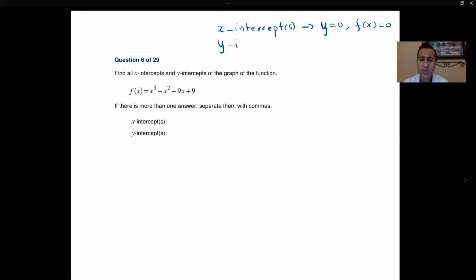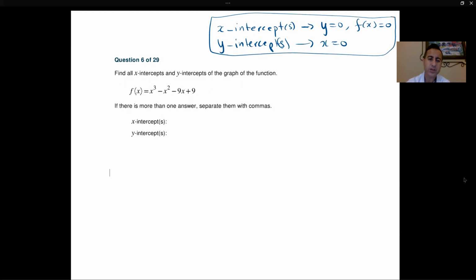And for y-intercepts, it occurs at x equals 0, right? If there is one, then it follows this.